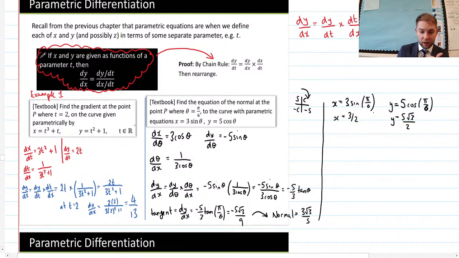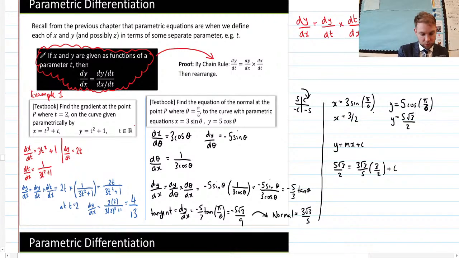So now we've got our x coordinate, we've got our y coordinate, we've got our gradient, so we need to sub all of that into y equals mx plus c to find out what c is. So y is equal to 5 root 3 over 2 is equal to m, which is 3 root 3 over 5 times by x, which is 3 over 2 plus the c.